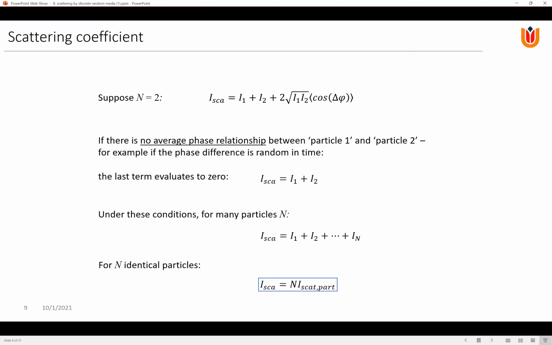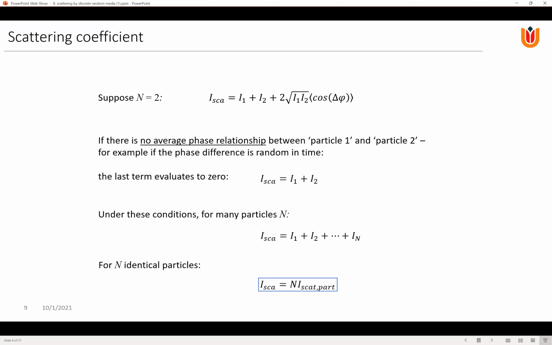If you would do just a single snapshot measurement of two particles, then we would need to use this equation. But in general, we would measure an ensemble of, let's say, two of these particles in different configurations, and these phases would average out. So we would not see them anymore. It would be random in time.